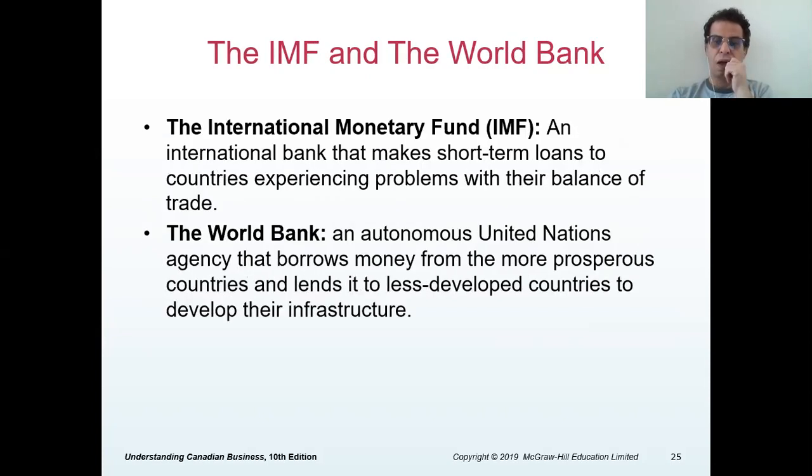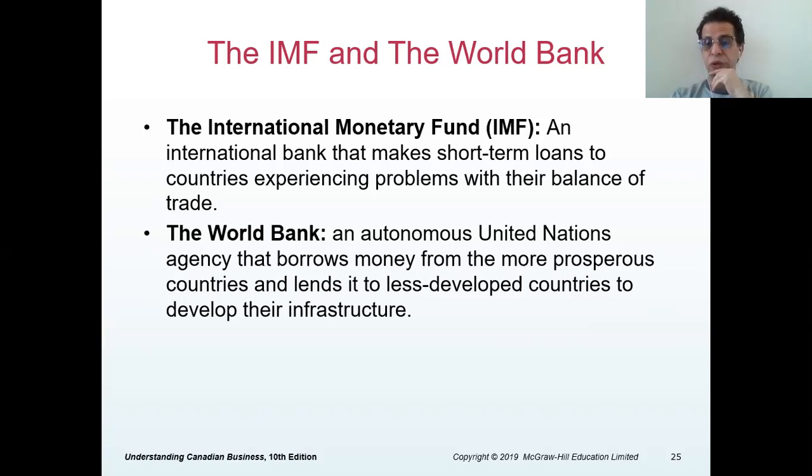Then what you heard about is the IMF, the very famous International Monetary Fund, an international bank that makes short-term loans to countries experiencing problems with their balance of trade. They're very much involved now with Mexico, they were involved with the Tiger countries, and Cyprus, and the Greeks also.